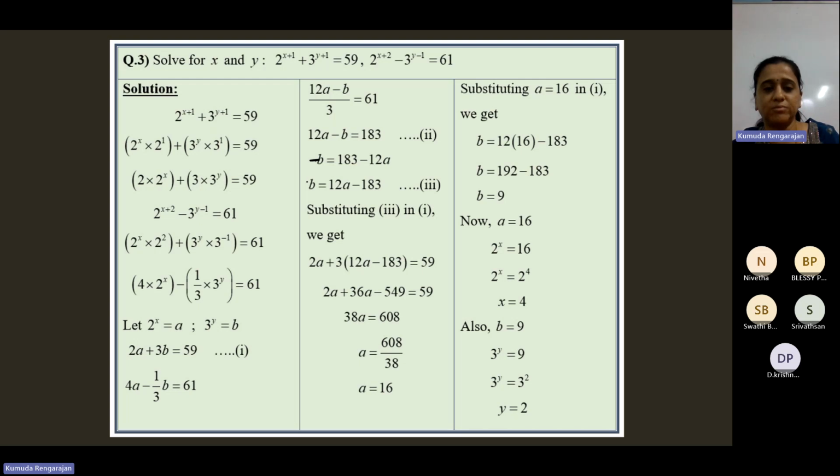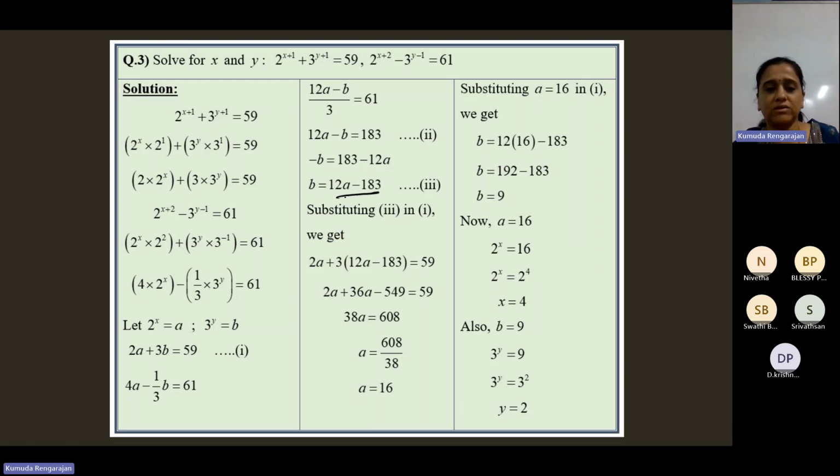Minus b becomes plus b, plus 183 becomes minus 183, minus 12a becomes plus 12a. This is minus b, but you want to write b is equal to some expression, so change the signs throughout. So we have b is equal to 12a minus 183.